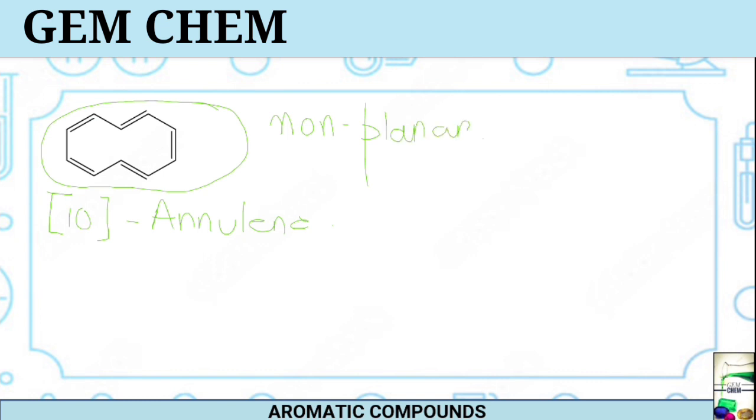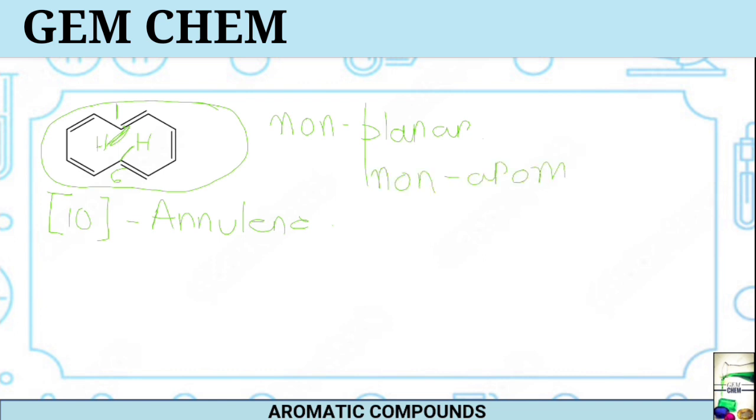It has minimal bond angle strain but suffers a severe non-bonded repulsion between the internal hydrogens present. See here, a hydrogen present here and a hydrogen present here. These repel each other, the hydrogen atoms in 1 and 6 positions. If you consider this as 1 and this as 6, then there is severe repulsion, as a result of which this interferes and forces some molecules to get out of planarity. And thus we can say that this is non-aromatic.